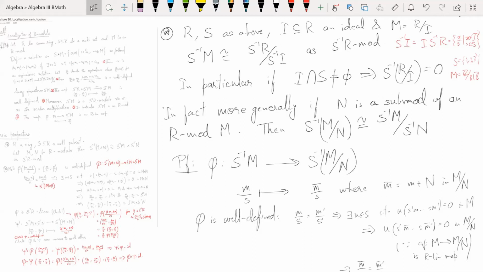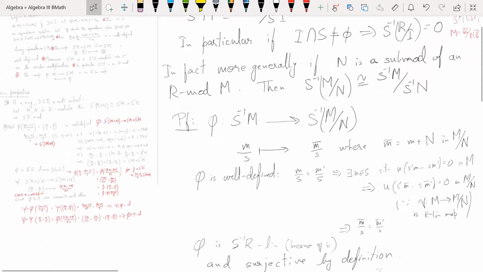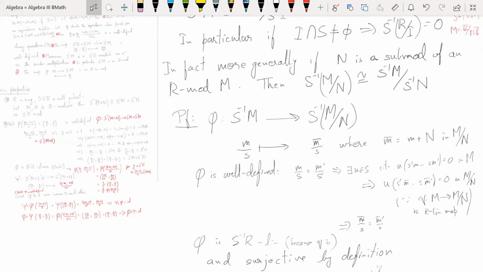You get this when you take M to be R and N to be I. So this again is something which we can use to compute the localization.